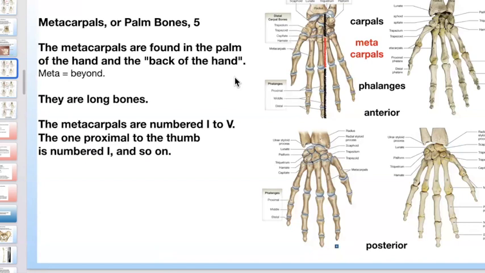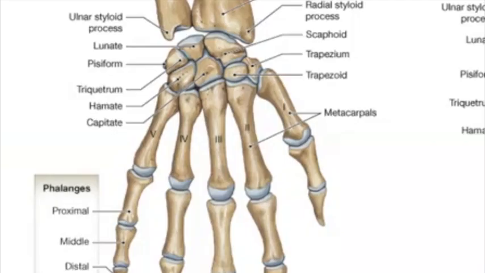So the metacarpals are found in the palm of the hand here and in the back of the hand here. Meta means beyond, so they're beyond the carpals. The metacarpals are long bones. The metacarpals are numbered from 1 to 5 in Roman numerals. 1 is proximal to the thumb, and that's numbered 1, and so on as we go across to the pinky, which the metacarpal proximal to the pinky is called metacarpal 5.